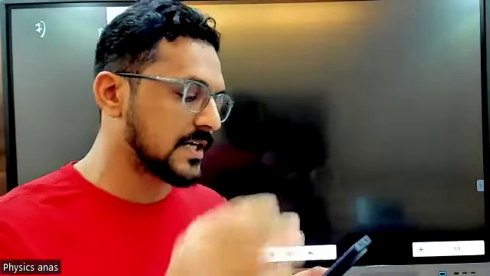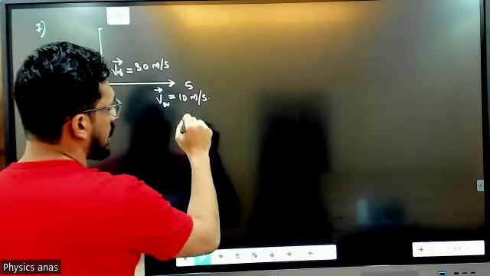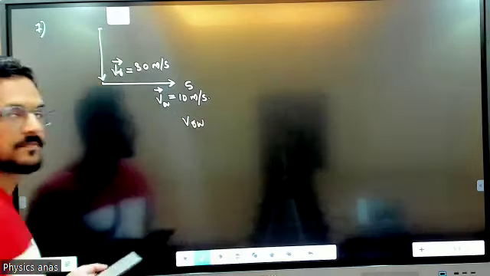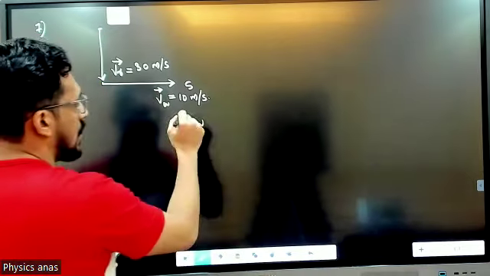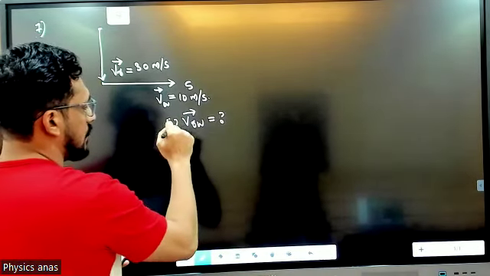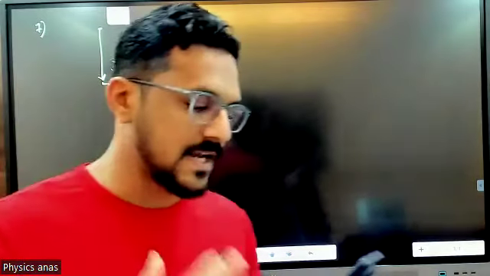Now, what is the relative velocity of rain with respect to the woman? You can call it VRW. What is VRW? That is the first question. What is the second question?